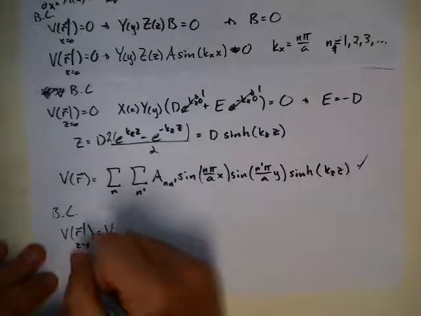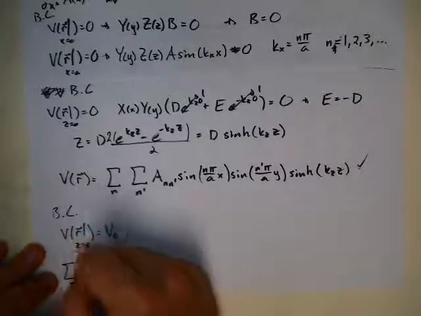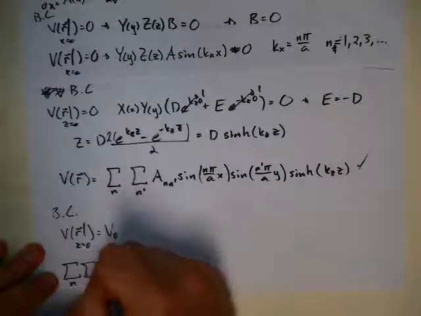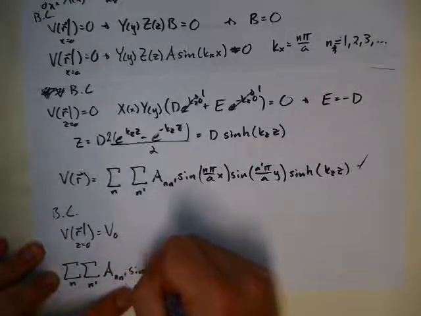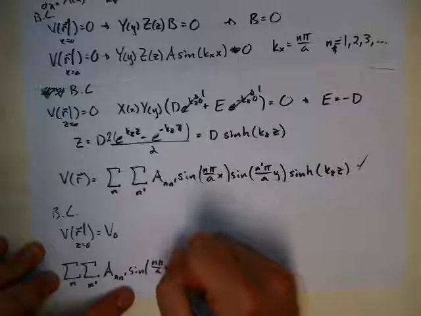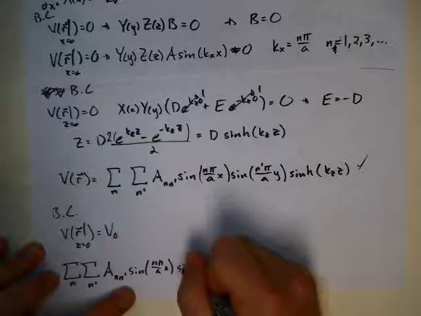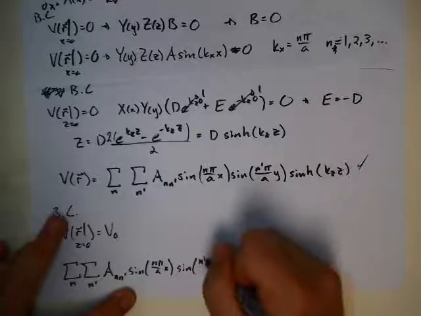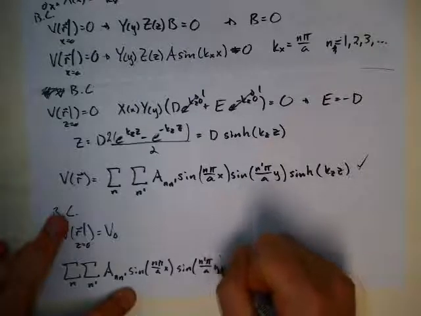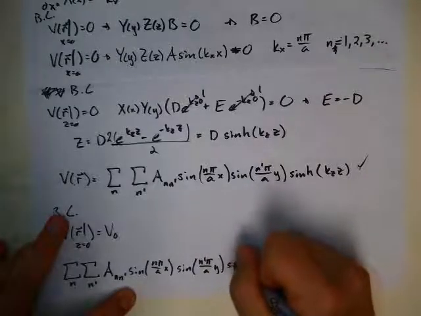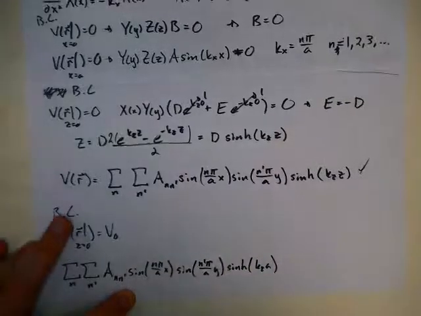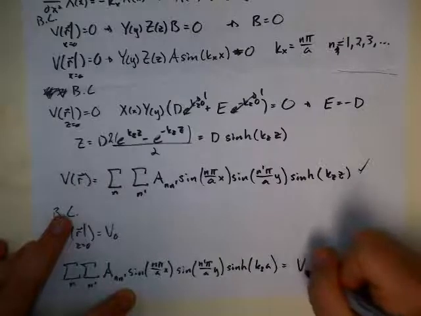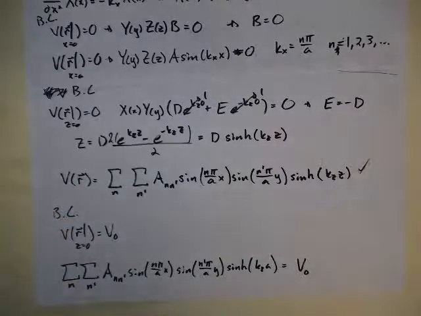We can rewrite this as the sum over n and the sum over n prime of capital A n n prime, we have the sine, we have another sine, and we have a sinh, and our sinh is evaluated at kz a. And this should be equal to positive V naught, so just a constant.